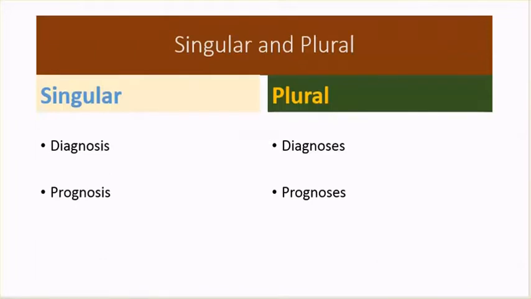There is also a pronunciation difference. In the singular, notice that they end in is, and they are pronounced diagnosis and prognosis. In the plural, the is at the end is changed to es, and they're pronounced diagnoses and prognoses.